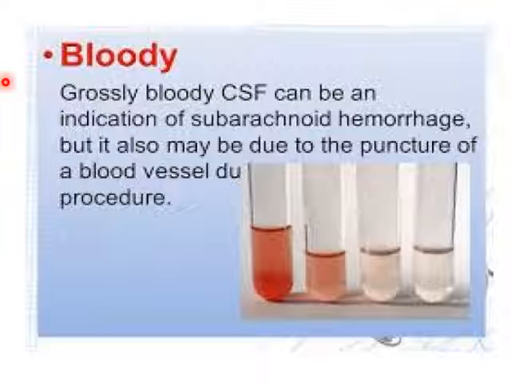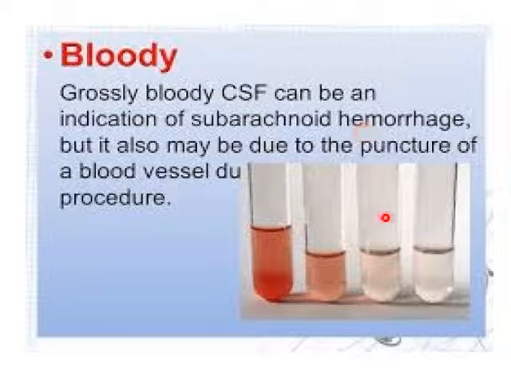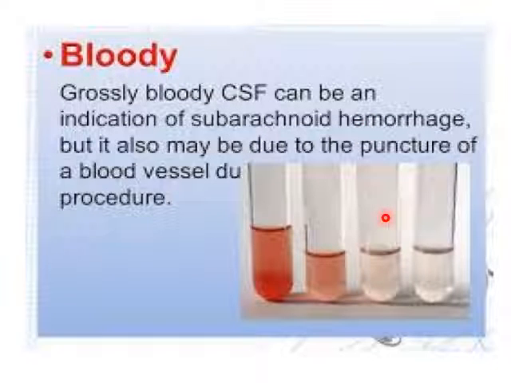When I am aspirating the CSF, we aspirate it into multiple tubes. Some in the first tube, then use the second, then use the third. If the cause is iatrogenic, you injured a vessel, right?